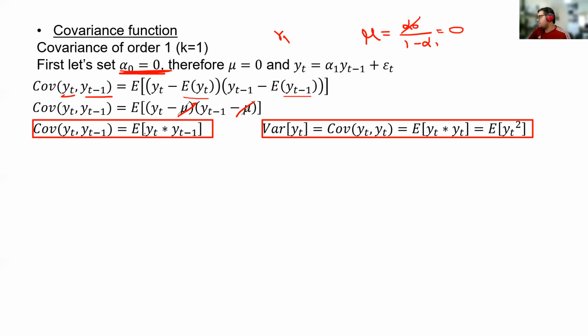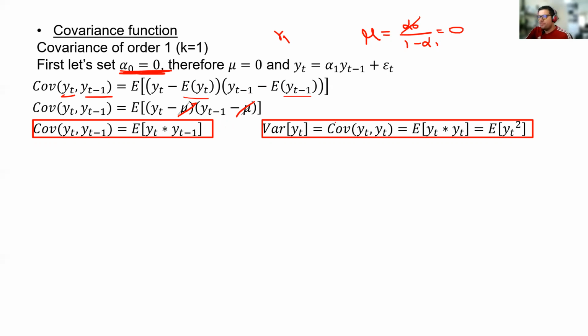And like you probably noticed by now, it's more comfortable to work with expected values than to work with covariances. Calculating covariances, especially with all these expected operators in here, is super complicated. So we are better off just calculating expected values and going through them.